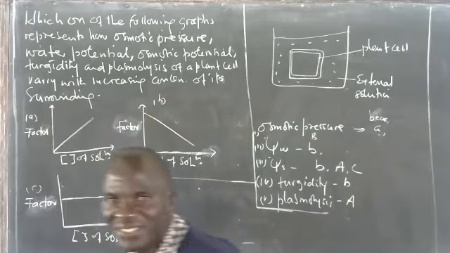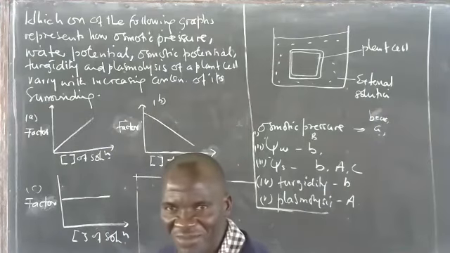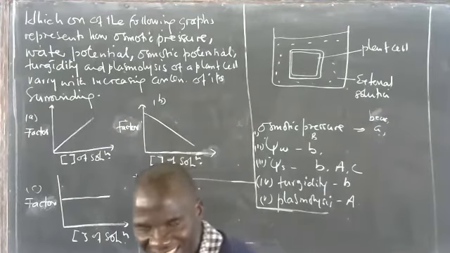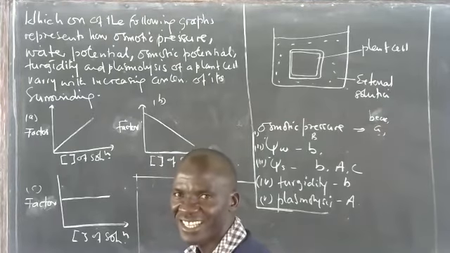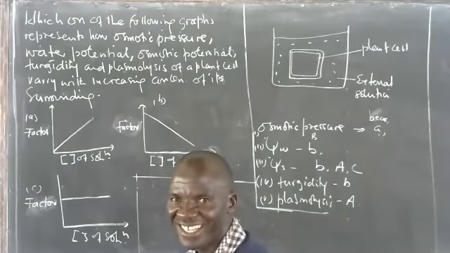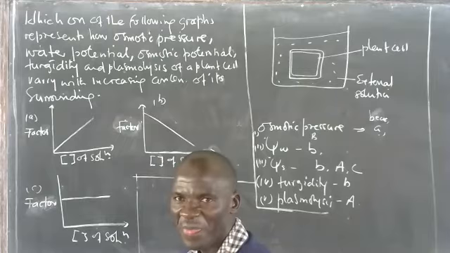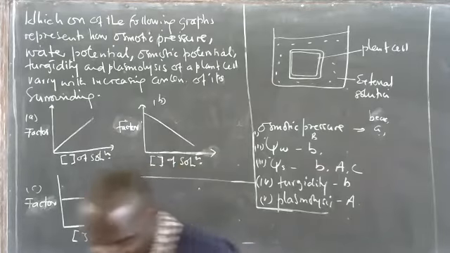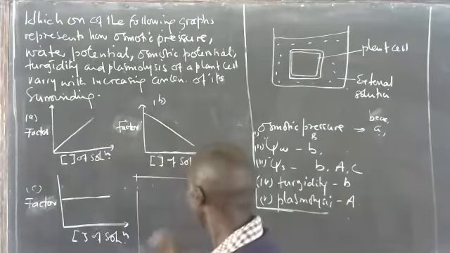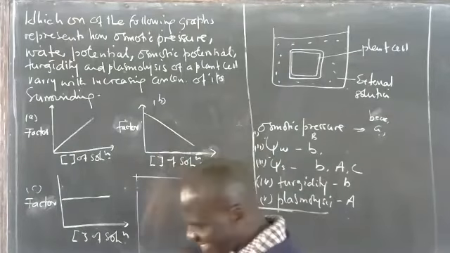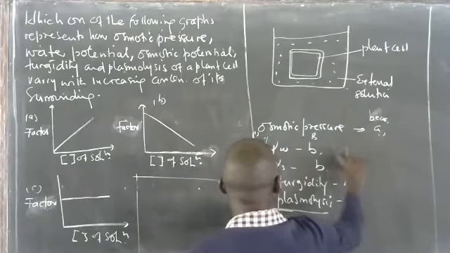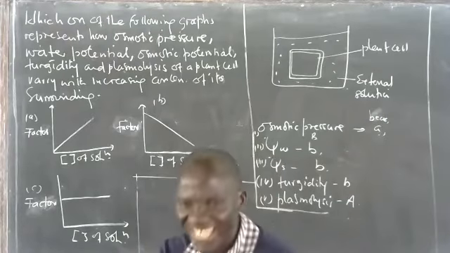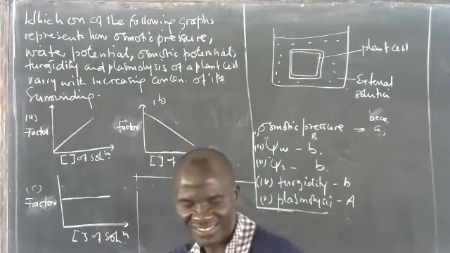For solute potential, I've got B, I've got A, I've got C. Now all the graphs are represented here. I think it's B. Yes. So the answer is B. In fact, that's the best answer.